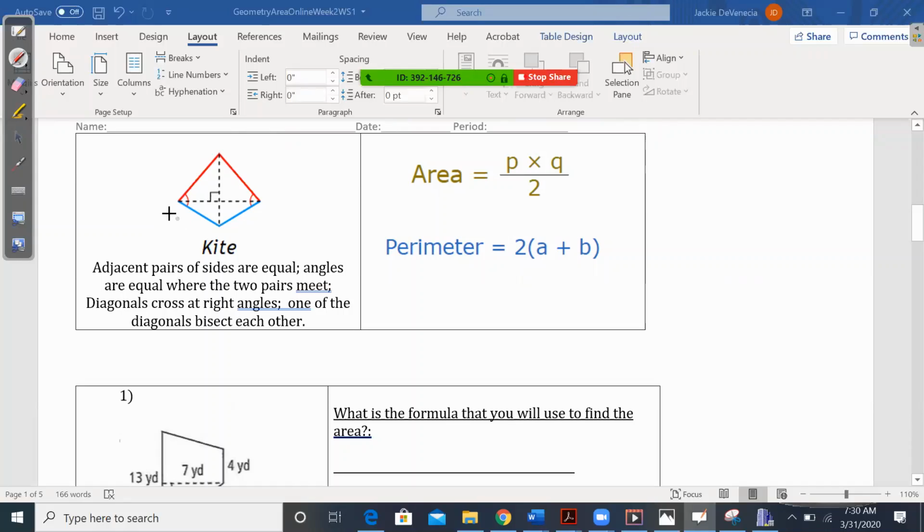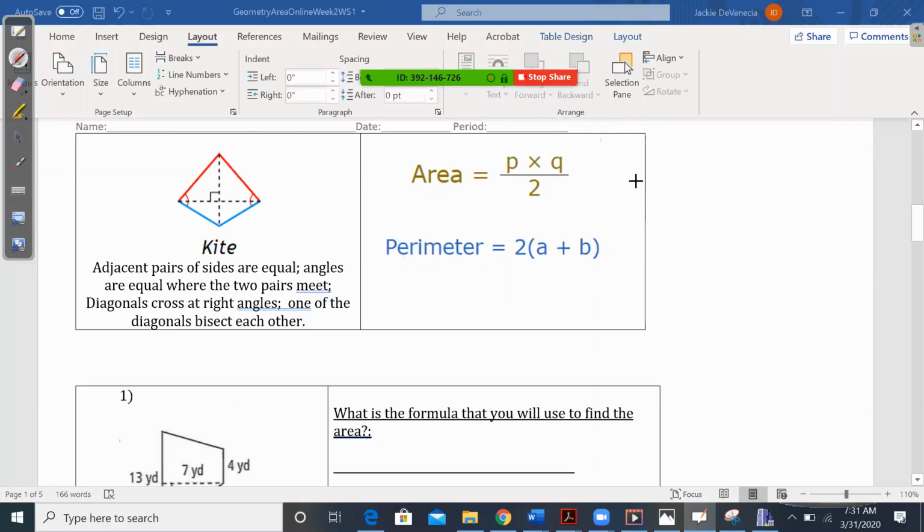These two adjacent sides, they're adjacent because they meet at one point, and they're going to be equal to each other. The same thing with the other pair: these blue lines are equal, and these red sides are equal.